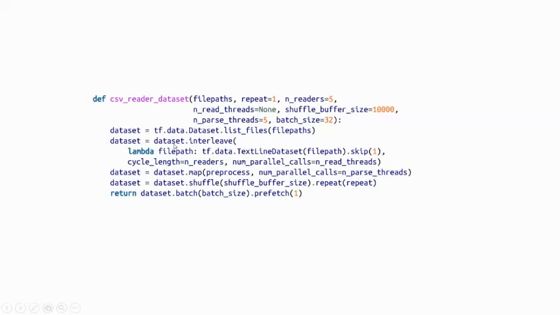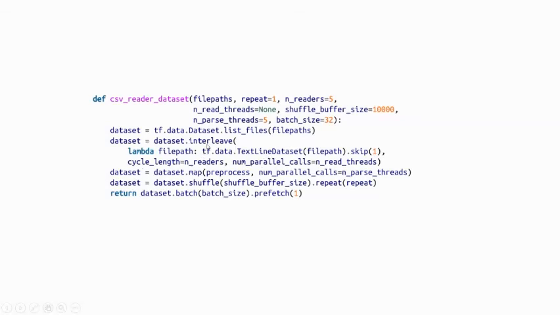To this new dataset, we are applying the interleave method. In this interleave, we are skipping the first line, and then we are including only the text lines in this dataset, for which we are applying the number of files that need to be read at a time and the number of parallel calls, that is we can read these files in parallel to improve the processing.